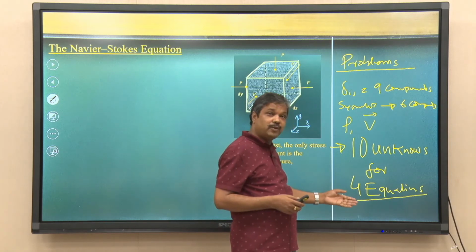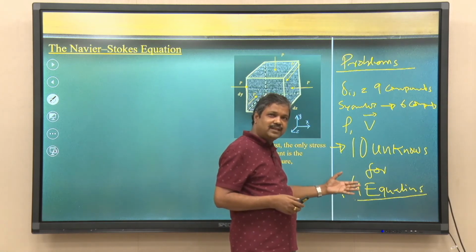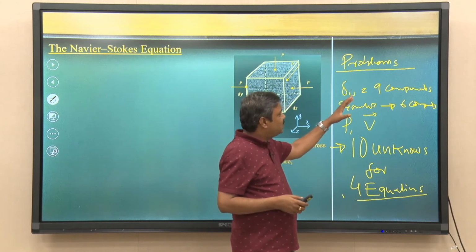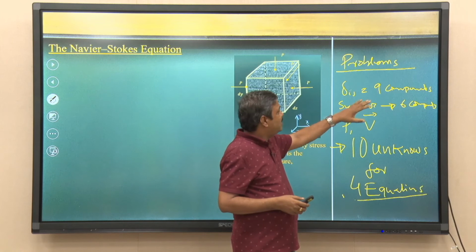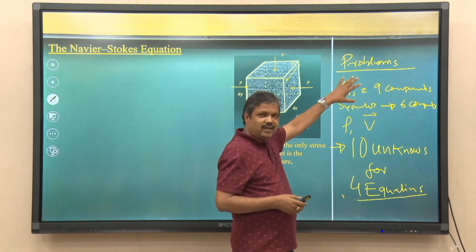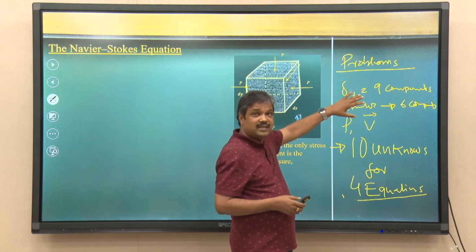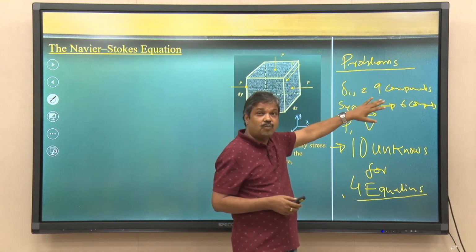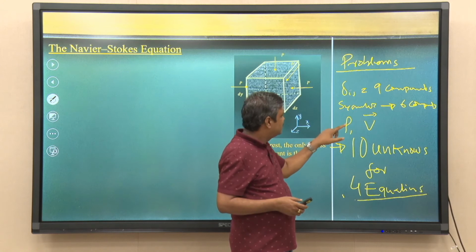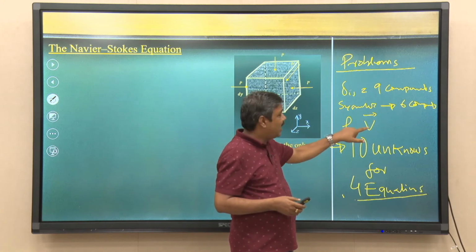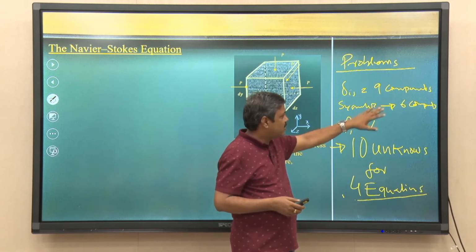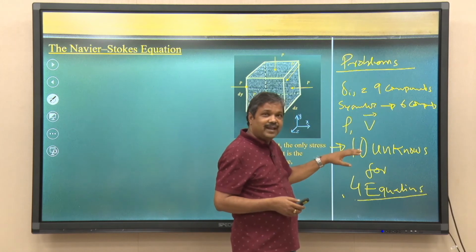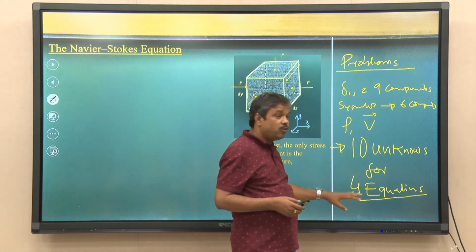So, we have 4 basic governing equations with us, but at present the stress tensor has 9 components. If you consider the symmetric case, I have 6 components, plus 1 for density, and the velocity has 3 scalar components. That way I have 10 unknowns for the 4 equations.